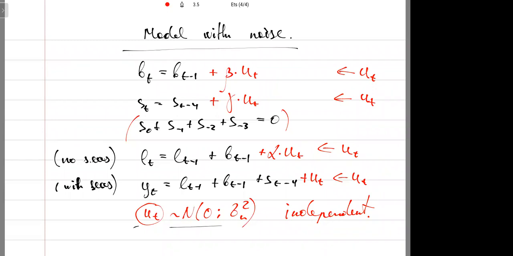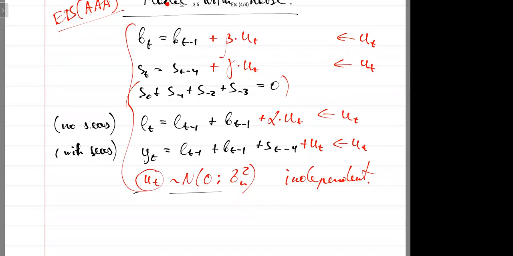Okay, and this model is ETS, where everything is additive. So that is the full set of equations for the ETS AAA model. What does it mean, A? A stands for additive.